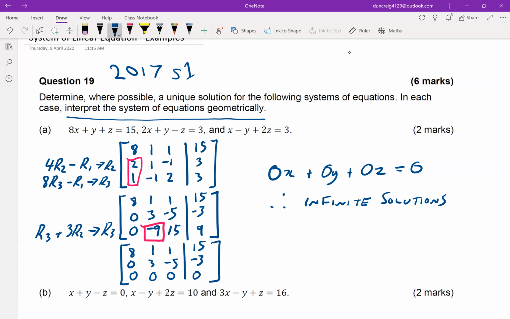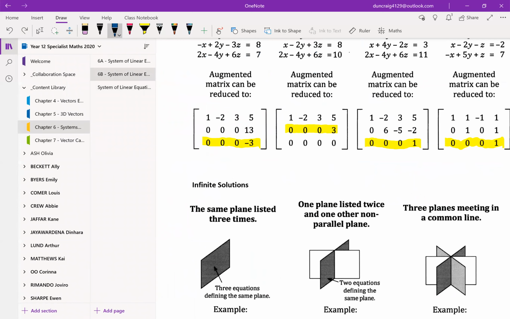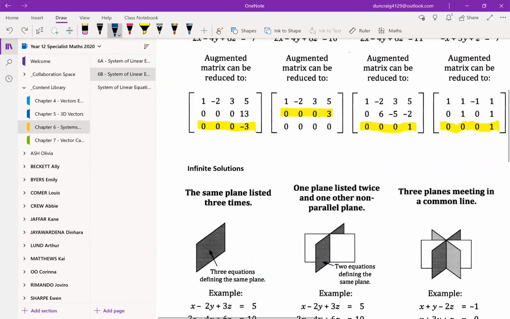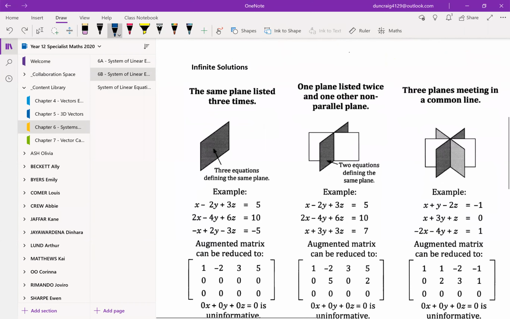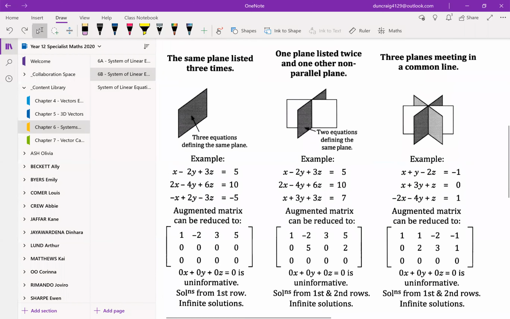So if we think back to the previous lesson, where we had the infinite solutions, pretty much none of the planes are scale, or none of the equations are scale factors of the other.